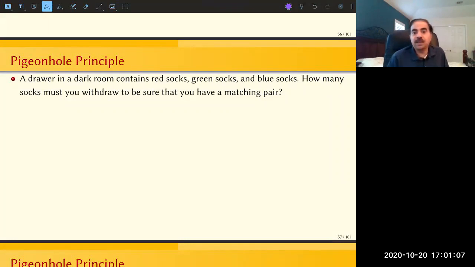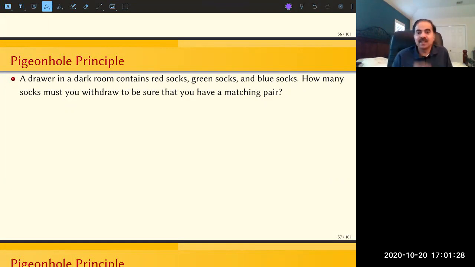So what does the pigeonhole principle say? It just says that if there are more pigeons than the holes they can occupy, then there must be more than one pigeon in a hole, right? That's all it says, right?